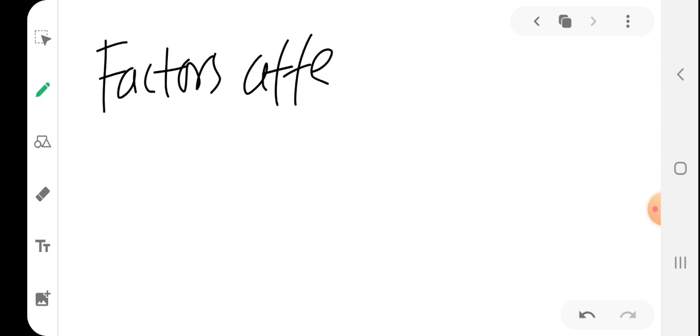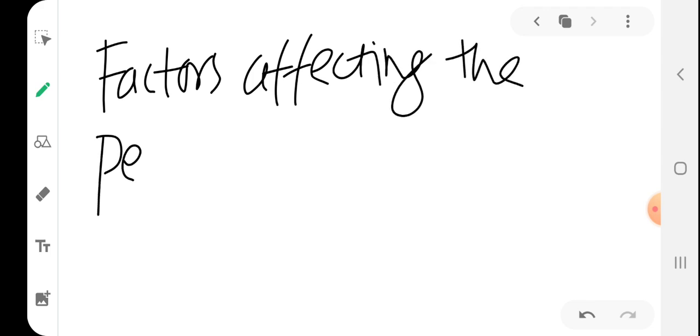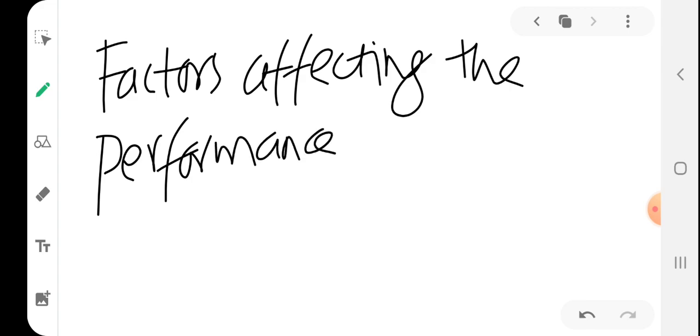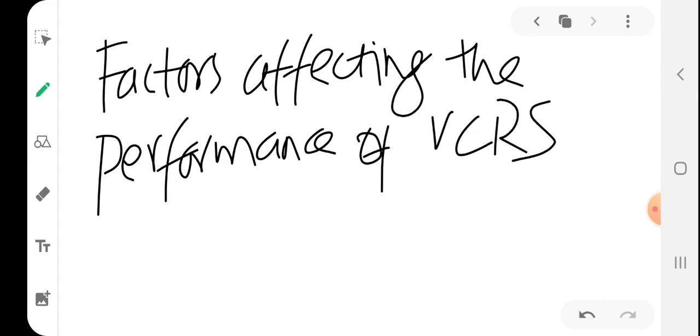Now we will learn some factors affecting the performance of the VCRS system, or VCR, vapor compression refrigeration cycle.